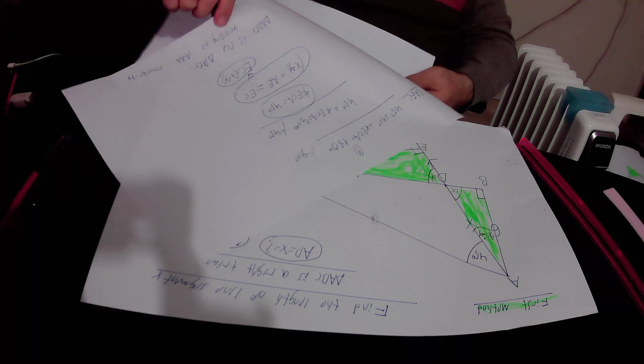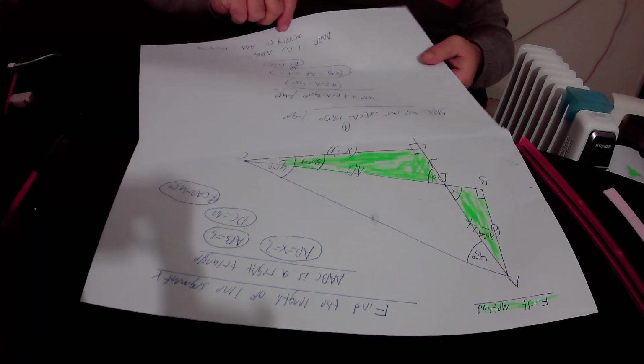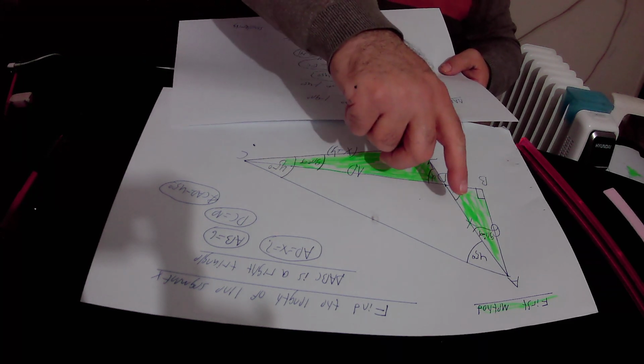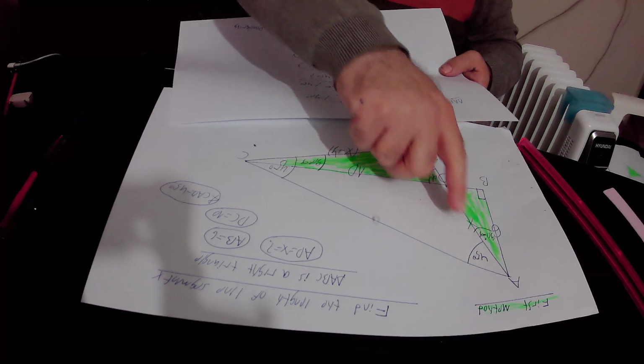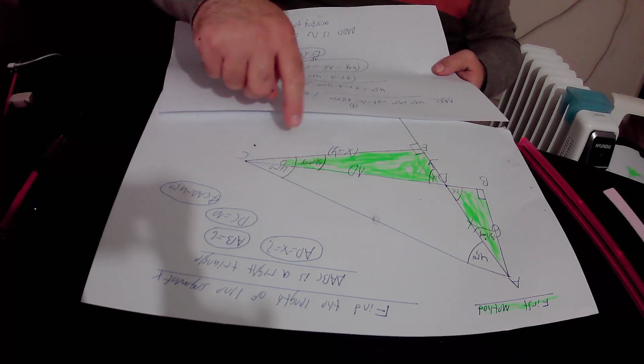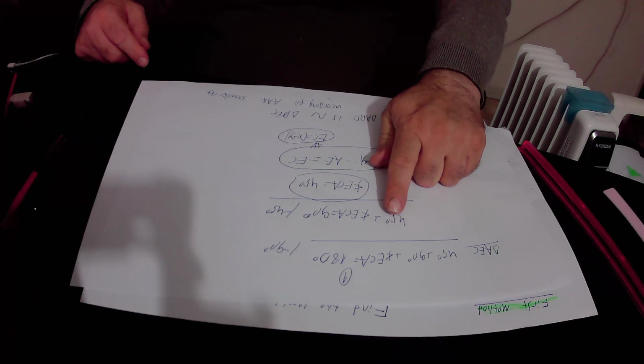In the right triangle AEC, we know that the sum of the angles must be equal to 180 degrees. So which angles do we have in the right triangle? We have 45 degrees, 90 degrees, plus angle ACE. In total, the sum of those angles must be equal to 180 degrees.